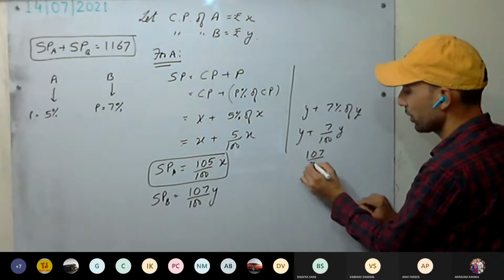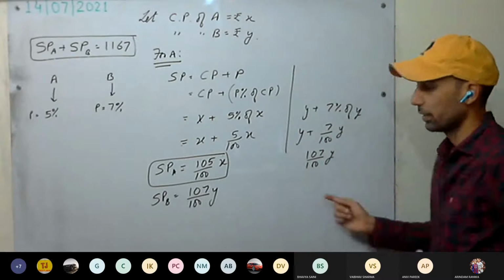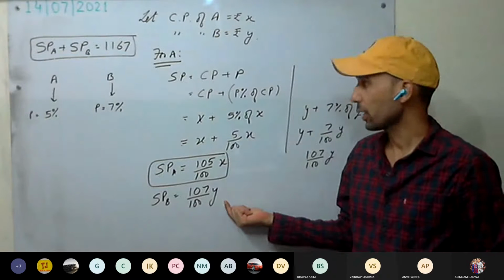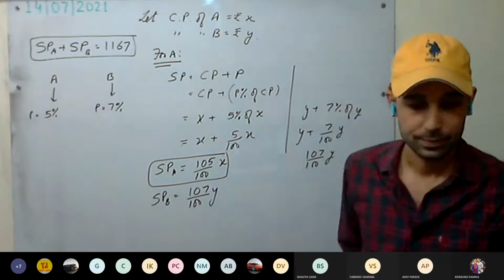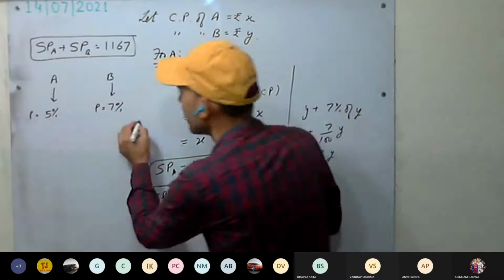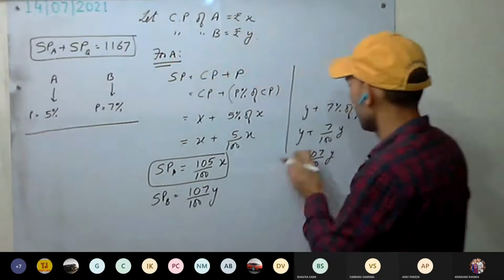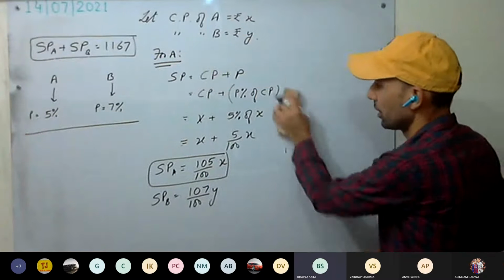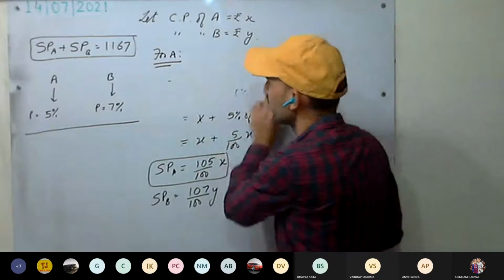You get 107 upon 100 Y. Okay. So this is the selling price. Understood? Now we have to just put it there. This you all have understood? Yes, sir. Okay.